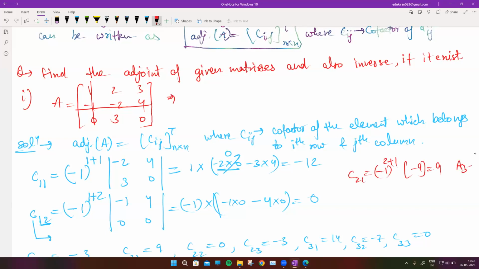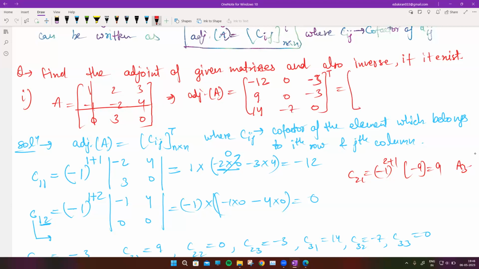Yeah, so as we have all the cofactors now, we can easily arrange these cofactors at their respective positions. So this will be -12, then this will be 0, then this will be -3. Then this will be 9, 0, -3. Then this will be 14, -7, and 0. Then take the transpose.